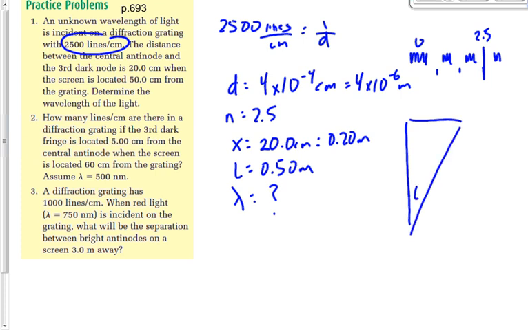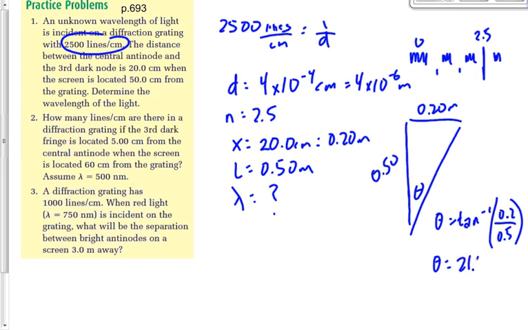Okay, our value for x is 0.20 meters. Our value for L is 0.50. Solve for theta, we're going to say it's the inverse tan function of opposite over adjacent, 0.2 over 0.5. Does anybody have that angle there? 21.8 degrees. Thank you. So clearly that's bigger than 10 degrees, right? That's way bigger than the angle that we want to max out at. So let's go to our other equation.